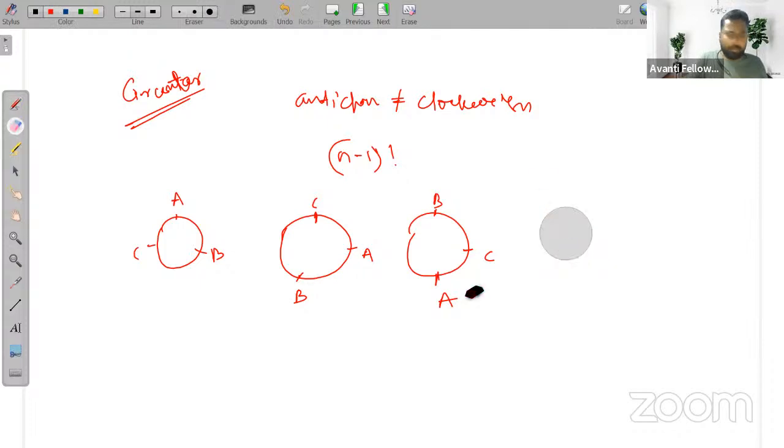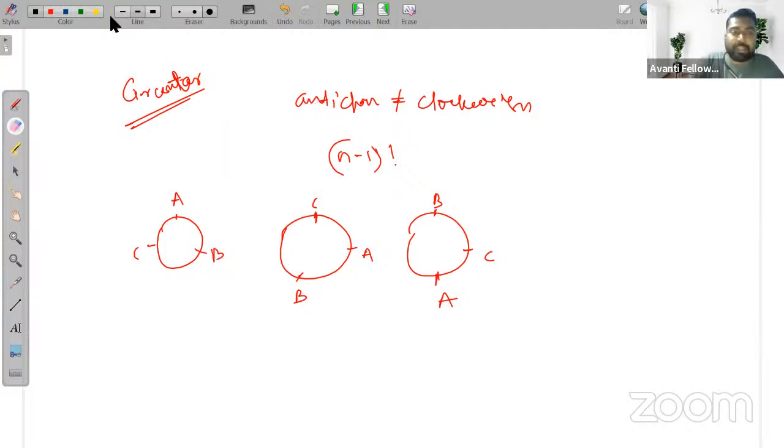Okay, we are starting from A. So the total number of ways will be n minus 1 factorial.